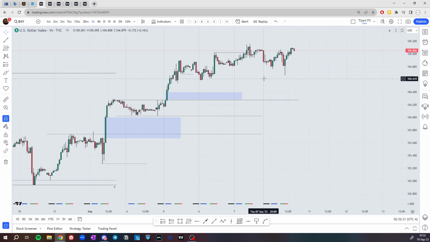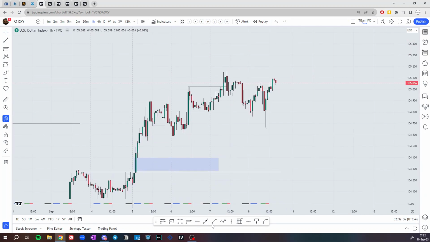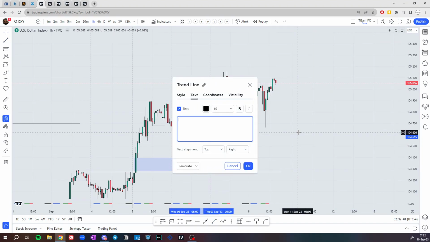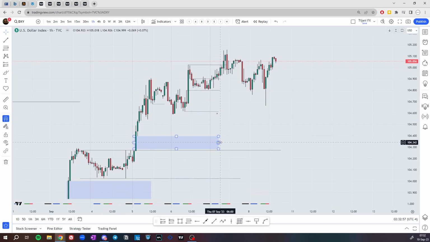So on Tuesday, what we had? We had another range. Price has filled this fair value gap here, and this has been my invalidation level. This level here. If price takes this low here, there is a higher chance for price to drop lower, filling this fair value gap.